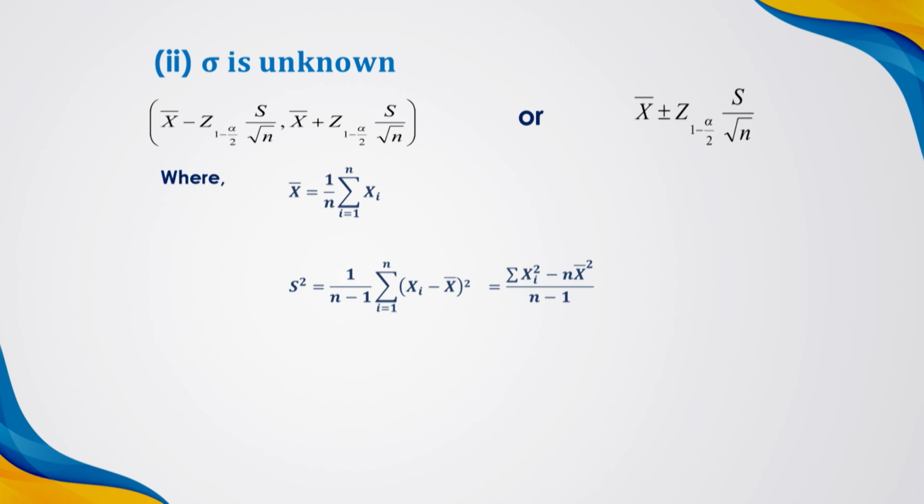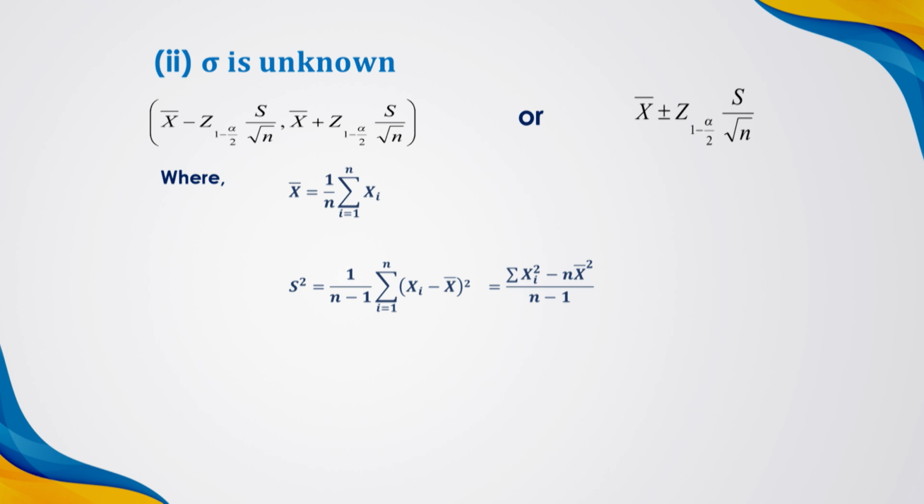The upper limit is x bar plus z of 1 minus alpha by 2 into capital S by root n, or this can be written in a compact form as x bar plus or minus z of 1 minus alpha by 2 into S by root n. Here x bar and S can be calculated using the formula x bar equals 1 by n sigma i equals 1 to n xi.